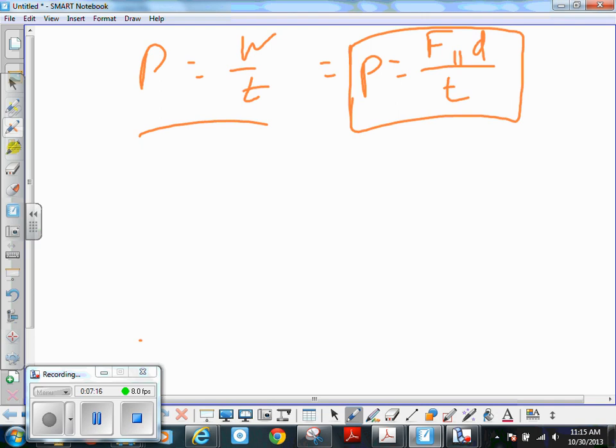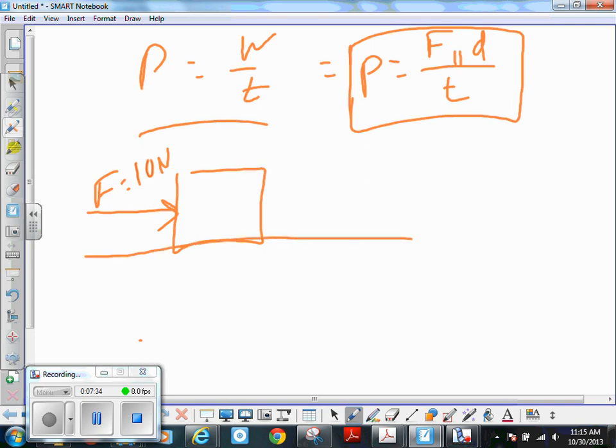But let's say that you're pushing on something here. So let's say that I'm putting a force of 10 newtons. How is that object going to move if it has an initial velocity that's not equal to 0, and I have a frictional force on it equal to 10 newtons?